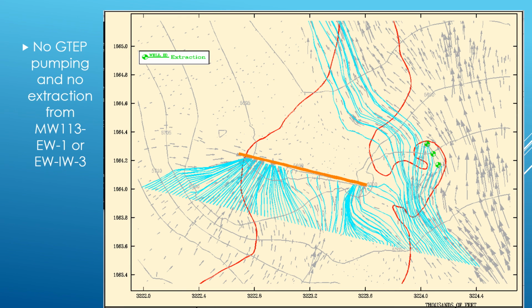We also looked at the effects if we were to shut off groundwater extraction from MW170 EW1, EW-IW3, and MW113 EW1.